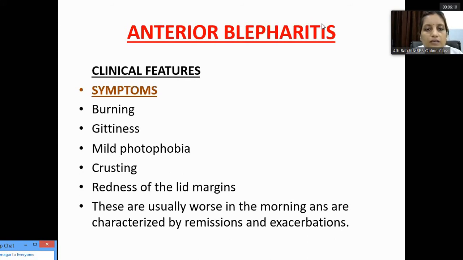There will be complaints of foreign body sensation, grittiness or discomfort. Some complain that symptoms are mild in the morning, but some complain of being more severe in the morning rather than the afternoon and daytime. So these are the different complaints.